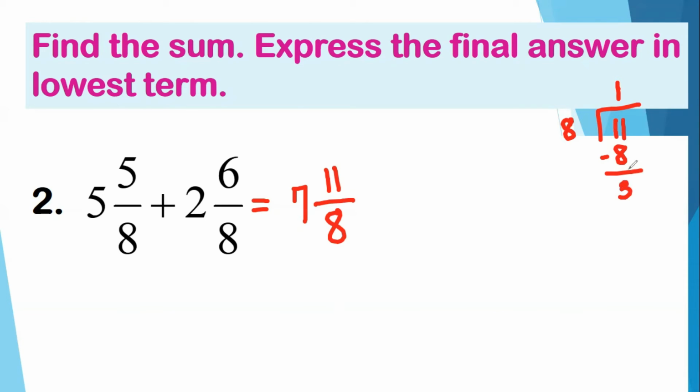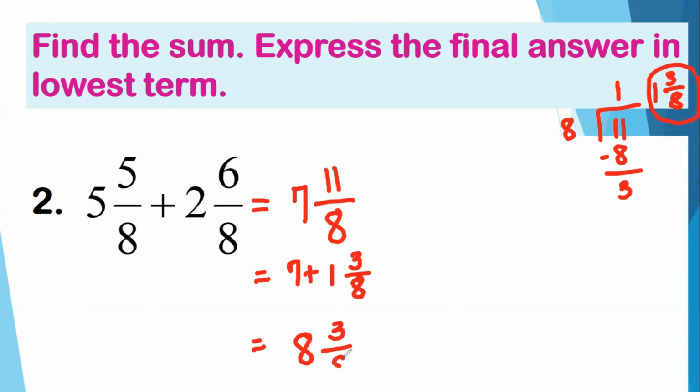So 11/8 is equal to 1 and 3/8. So add 7 plus the mixed number form of 11/8, which is 1 and 3/8. And that gives us a sum of 7 plus 1, that is 8 and 3/8. There. Make sure to circle your final answer.